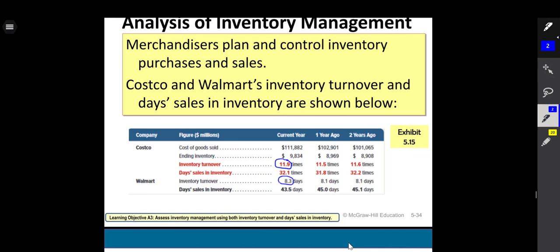That means you're selling it once a month. And the days sales in inventory means you have 32.1 days in sales, not times. So this would be days. Likewise here, this makes sense if Walmart's inventory is turning over 8.3 times a year, then they would have 43.5 days of sales in inventory.